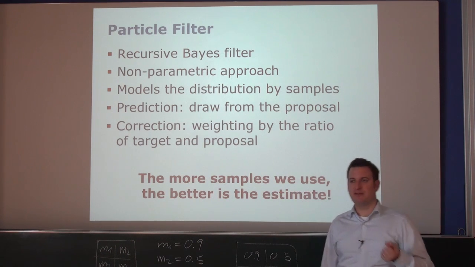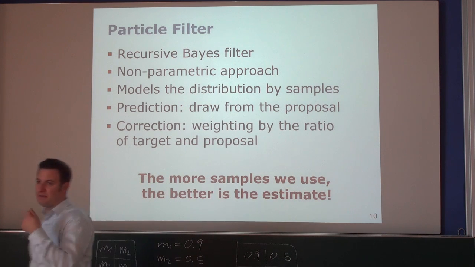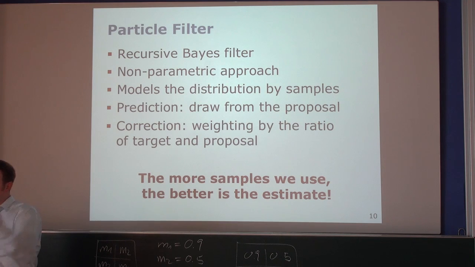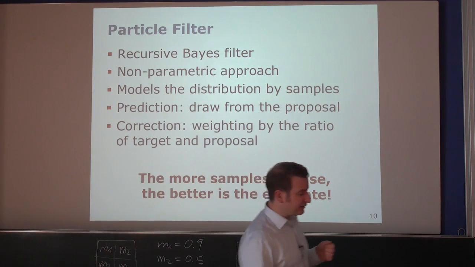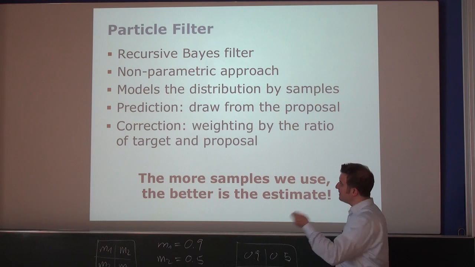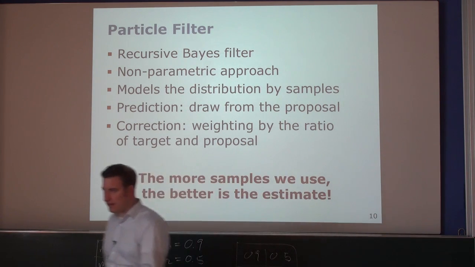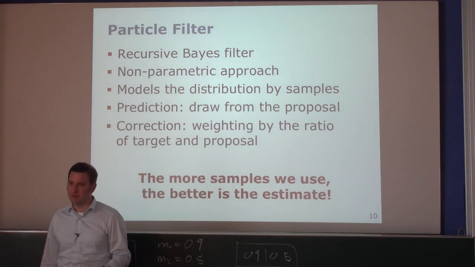It is a non-parametric recursive Bayes filter. That means we do not maintain, for example, a closed form distribution like a Gaussian distribution. We take those random samples as my representation of the underlying distribution, and I update my samples based on the motions that I have and based on the observations that I obtain.